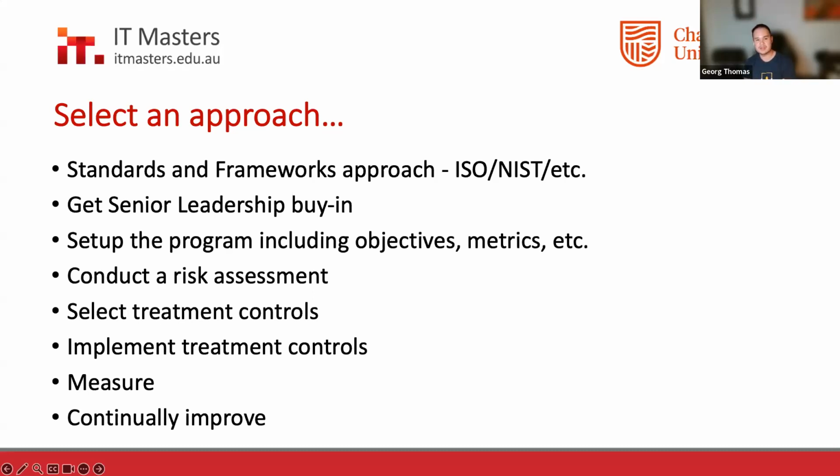For example, say you've decided that you're going to go down the ISO route, you would probably do a gap analysis at that point to see what you actually have that meets that requirement, and what you need to do. For example, you're probably going to find out very early that you don't have a statement of applicability, because if you haven't implemented it already, then you probably don't have that.